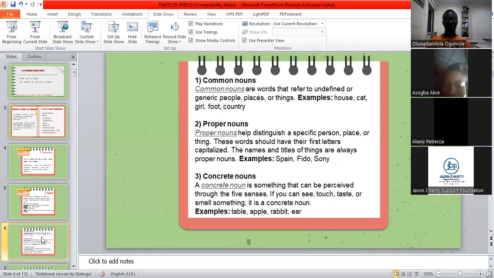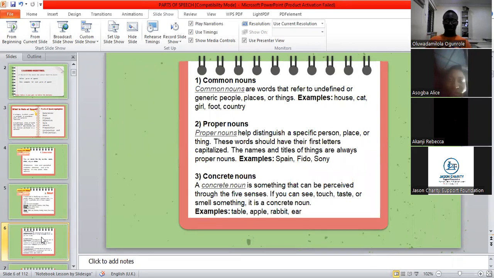These names are attached to them such that no other thing answers to that name except those that have been given it. So a house is a house. Any other thing that does not look like a house will not be called a house. A cat is a cat. Whatever species you've seen, a cat is a cat. There are some features you see in cats that will make you call a cat a cat.